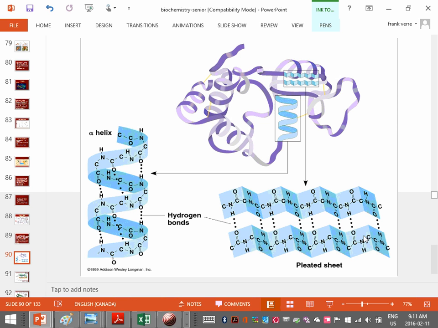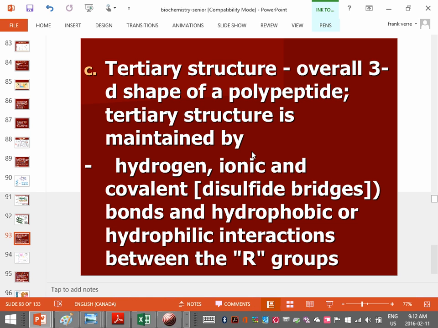But maybe the region in that chain doesn't coil, maybe it folds up like this, and this can give a protein strength. Now, you'll notice that the actual polypeptide itself has a shape. So the coiling and folding is called the secondary level. But the actual shape of the protein, that's what's known as the tertiary level.